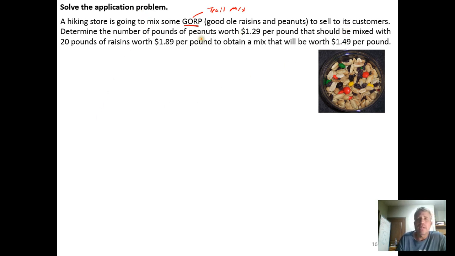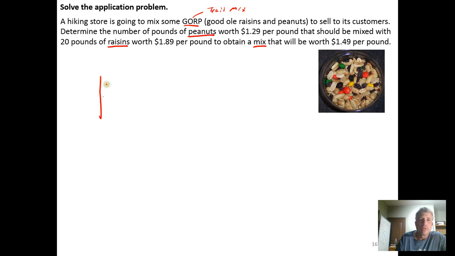So we've got three things going on here. We have information about peanuts, we have information about raisins, and we have information about the mixture of those two things to create our trail mix.